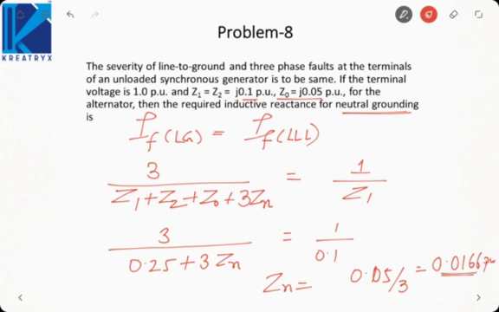That will be your reactance or the impedance for the neutral grounding to make LG as well as triple L fault having the same severity level. Otherwise, triple L fault will be more severe as compared to your LG fault.